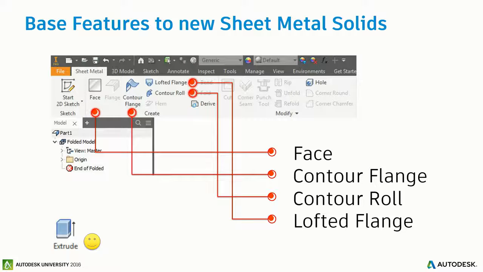They are face, contour flange, contour roll, and lofted flange. I add extrude here. It doesn't mean it's not important, since it's a general modeling tool, and you can use extrude anytime you want, but just extrude the required thickness.